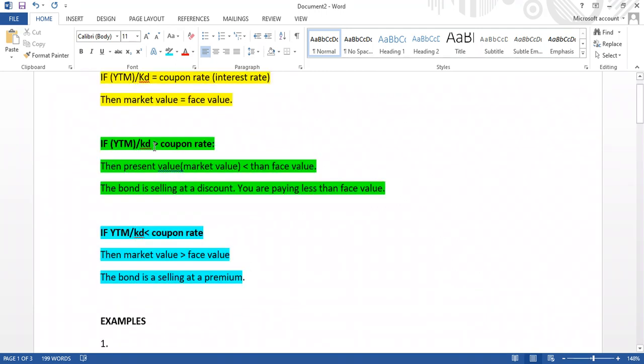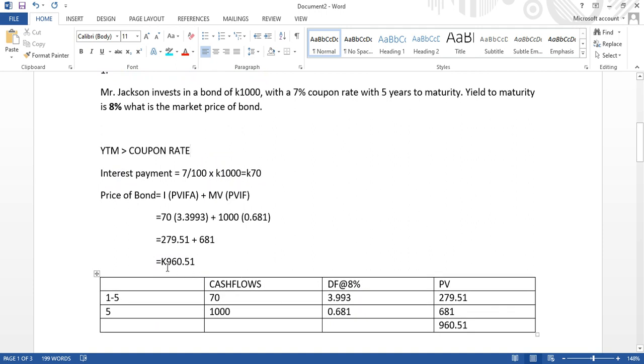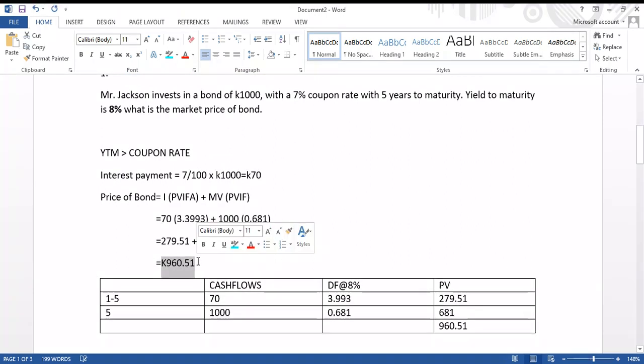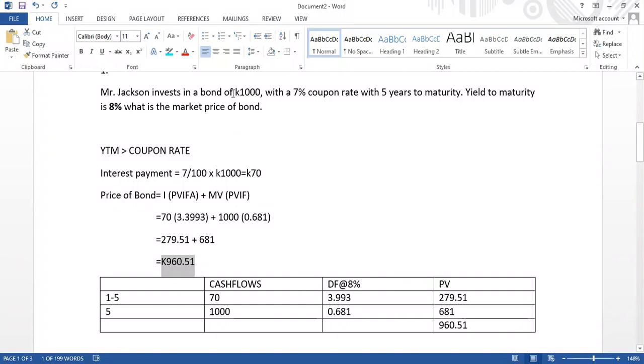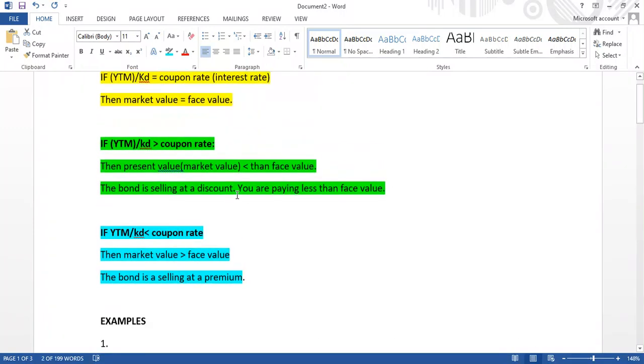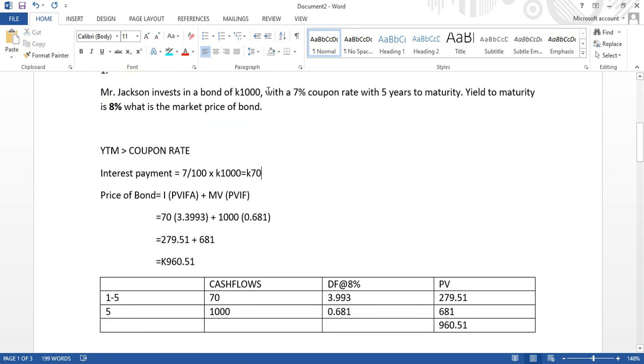So since our yield to maturity is greater than our coupon rate, remember when the yield to maturity is greater than the coupon rate, it means the market value is less than the face value, as we can see here. Market value is 960.51. It's less than the face value, and we can say that this bond is selling at a discount.